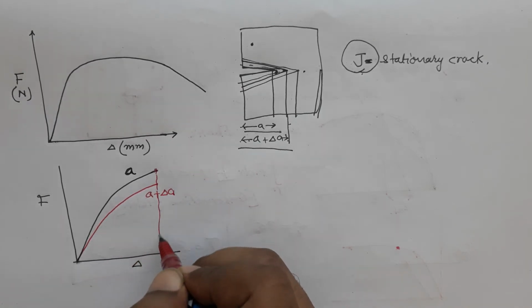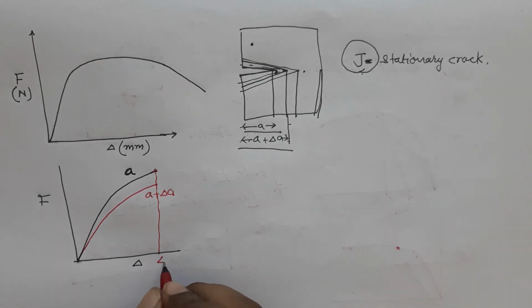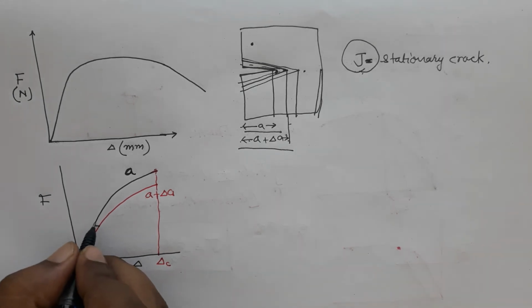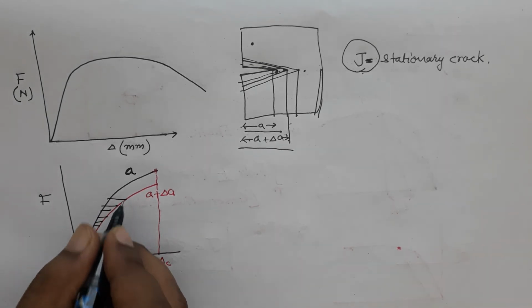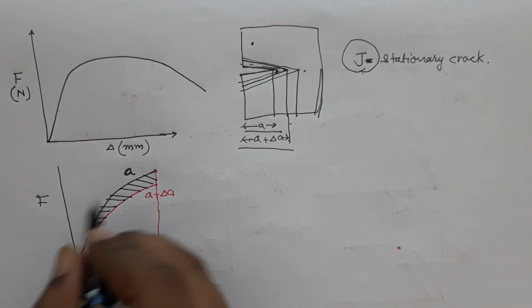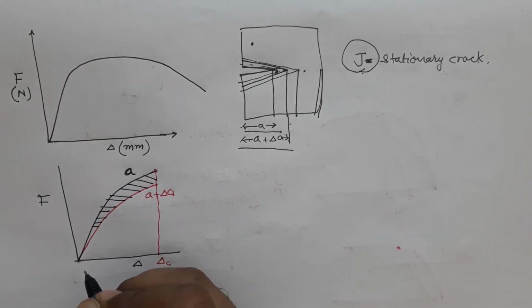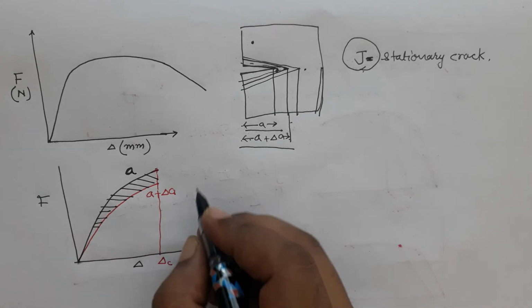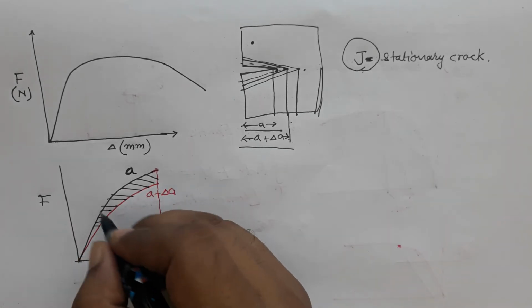Now, you stop this at a fixed displacement value, and therefore, this area under this curve can be related to energy, right. So, this is the difference in the area.